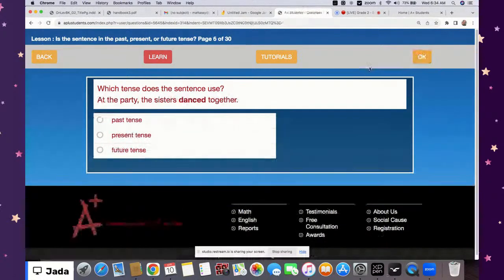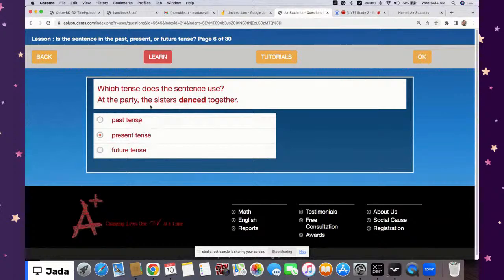At the party, the sisters danced together. So danced. Danced has ed. So what is the right answer? Is it past, present, future? Which of the above?